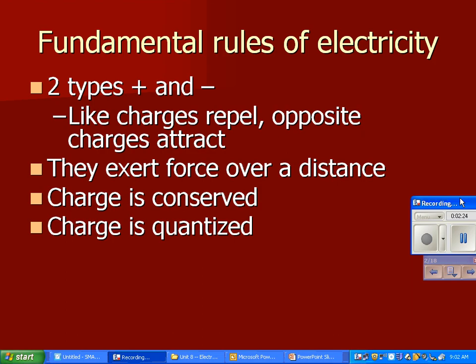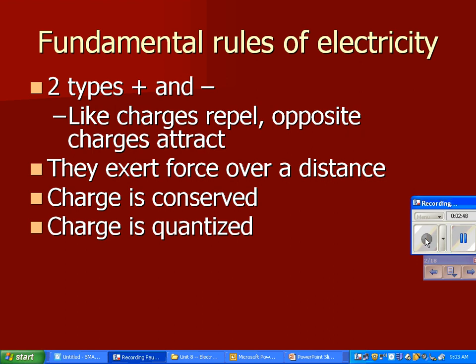Forget about whatever it is, just 2 coulombs, okay? If I give something electrons, I can only give it 2 coulombs, or 4, or 6, or 8, or 10. I can't give it 1.5 electrons. I can't give it a charge of 3, or a charge of 5, or a charge of 7. It just can't happen. So charge comes in very discrete quantities. That's what it means to be quantized.